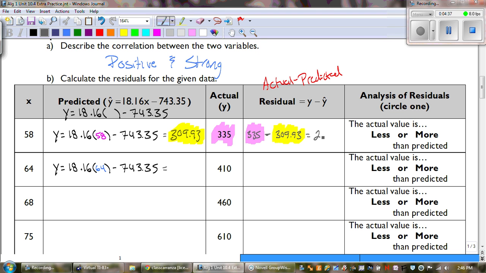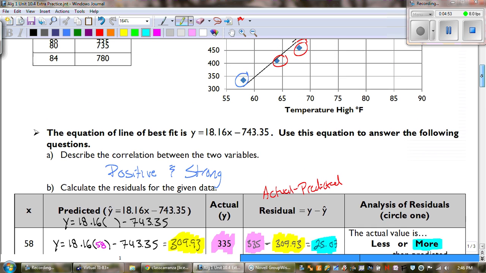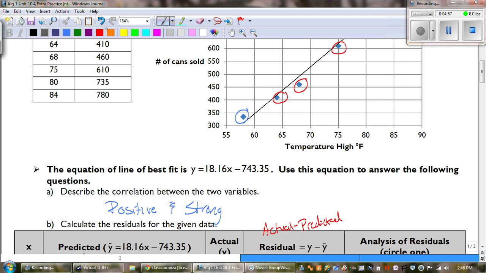Well, we get 25.07. Okay. So what that tells me is that answer is more than what we predicted. Okay. So that number was 58, and that's our first dot. This is 25.07 higher than what the line of best fit predicted.